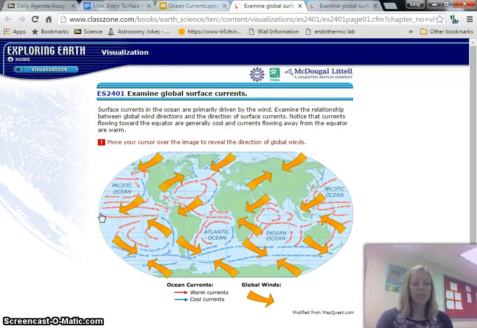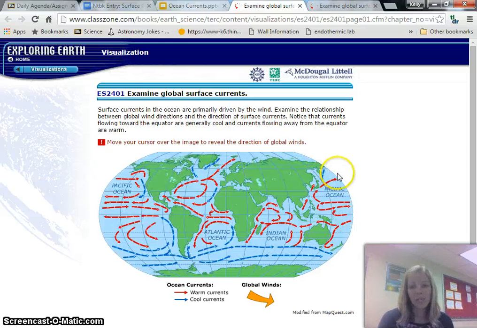So keeping this in mind, if we focus just on the polar easterlies, we only have one section to look at here, and we can see that the ocean underneath the polar easterly arrow right there is being pushed in the same direction as the polar easterlies. And when you focus closer up here, all of the water underneath the prevailing westerlies is also moving in a very similar direction as the westerlies.